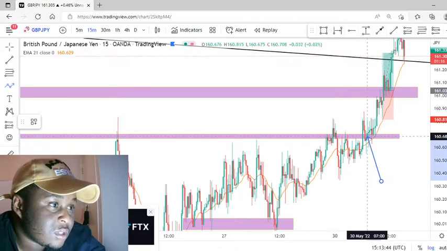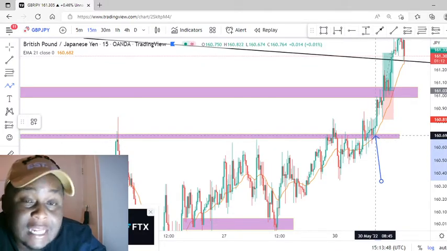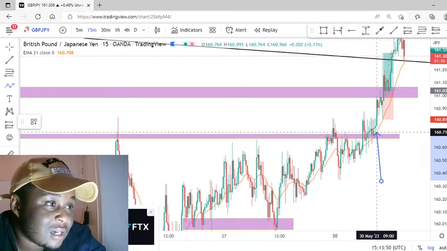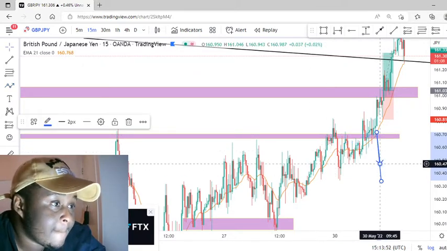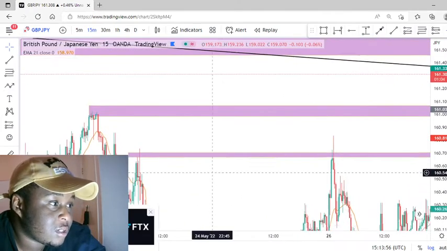Here, it was way too choppy for me. My initial plan in the morning was to enter a long trade here.